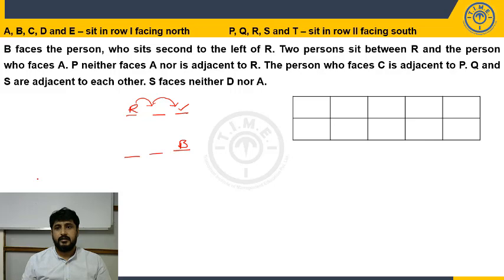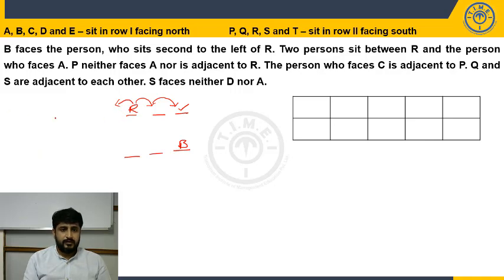Next, two persons sit between R and the person who faces A. So if I go with respect to our right side, it is given two persons between R and the one who faces A.